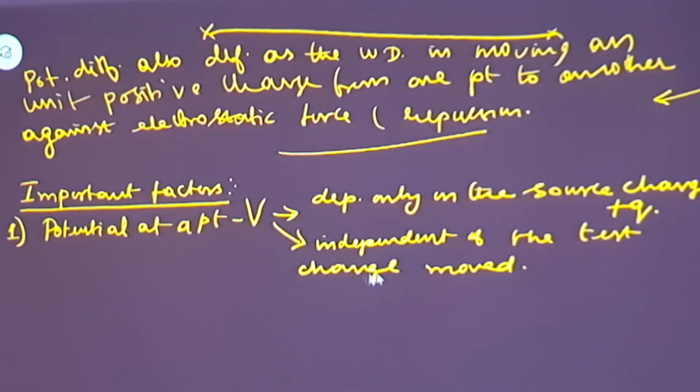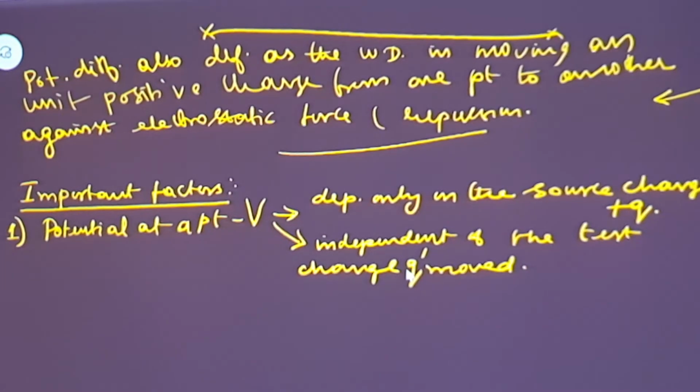Here we have considered this test charge as Q dash. So the potential depends only on the source charge plus Q, and it is independent of the charge Q dash.